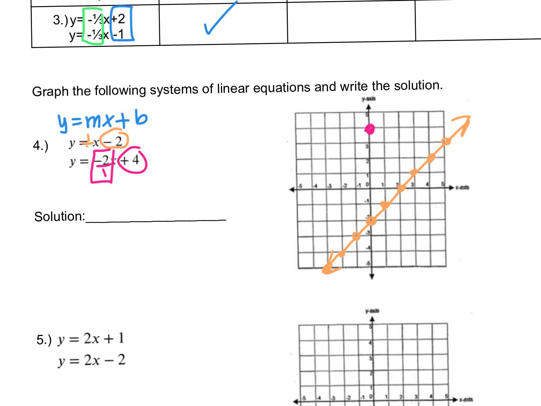I'm going to go down 2, forward 1, down 2, forward 1, down 2, forward 1, and I can see that they intersect. So I have one solution, and the solution is that point where they cross right here, which is 2, 0.